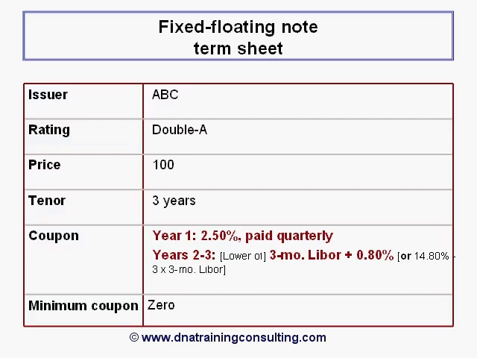To repeat, if we read only the part colored in red, we have a coupon of 2.5% in year 1, and then LIBOR plus 80 in years 2 and 3. So our first step is therefore to price a 2-year swap that starts in 1 year, and this is something that is not currently priced in our worksheet, fixed floating note.